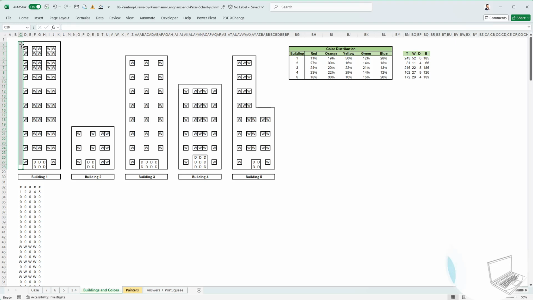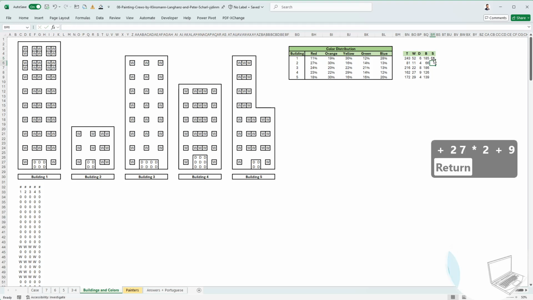Apologies. Okay, so sides for building 1 will be 27, 9 and 27. So 27 times 2 plus 9.